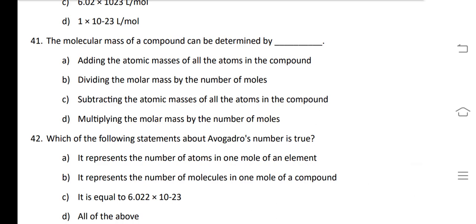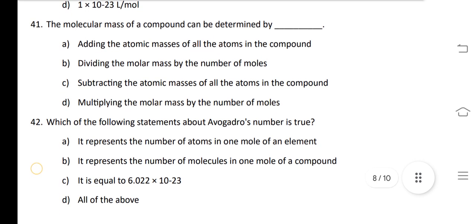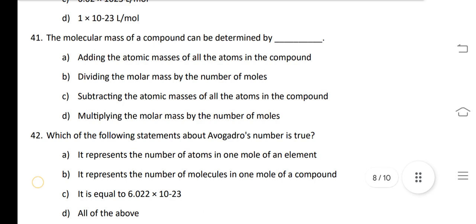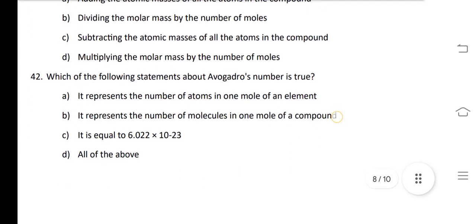Our next question is, the molecular mass of a compound can be determined by... We have to calculate molecular mass, which can be calculated by adding the masses of all the atoms in that compound. So the correct answer will be option number A.